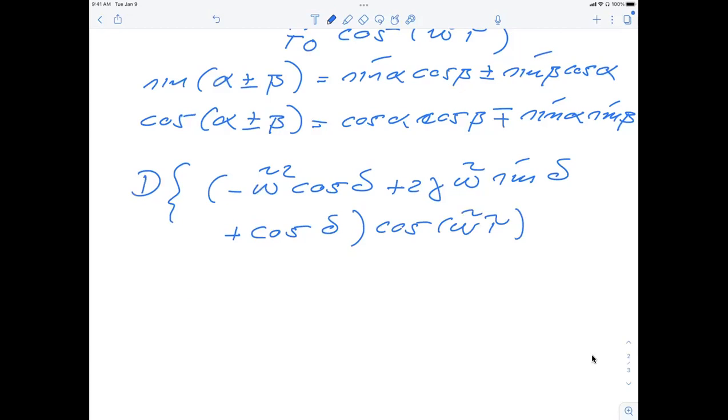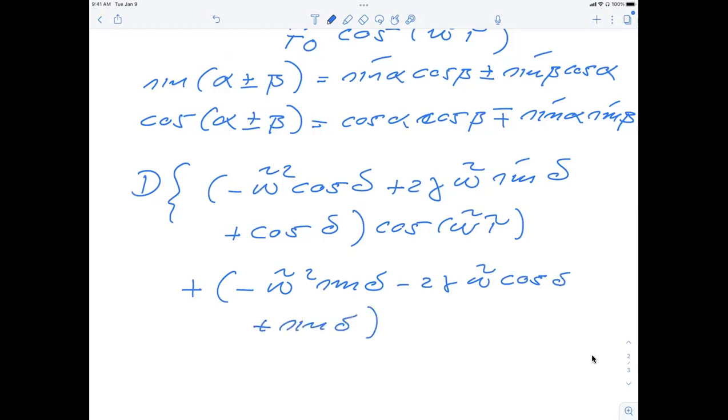Then we have the sine part, which goes like plus minus an omega squared sine delta minus 2 times omega, and then I have a cosine delta plus a sine delta, and then I have a sine of omega of tau. And this is all equal to f tilde times cosine of omega of tau.